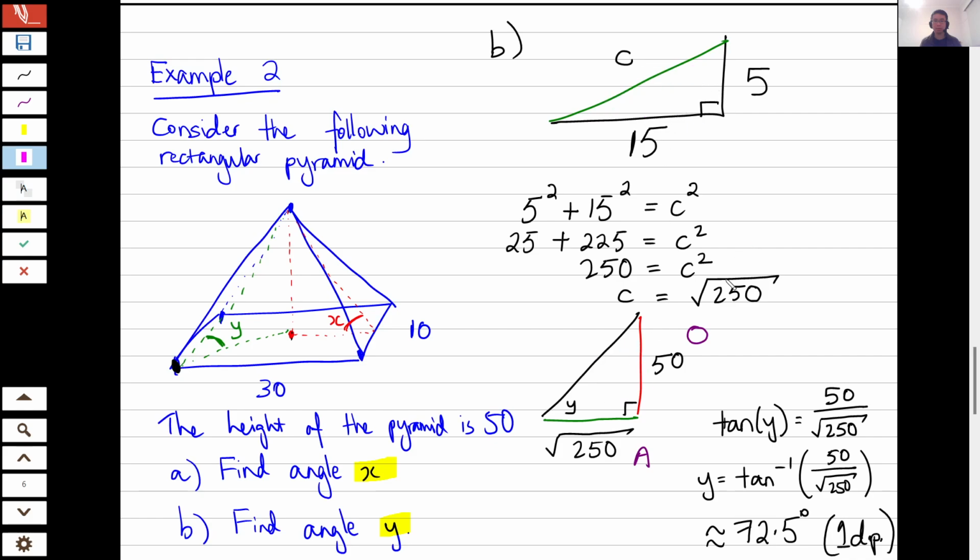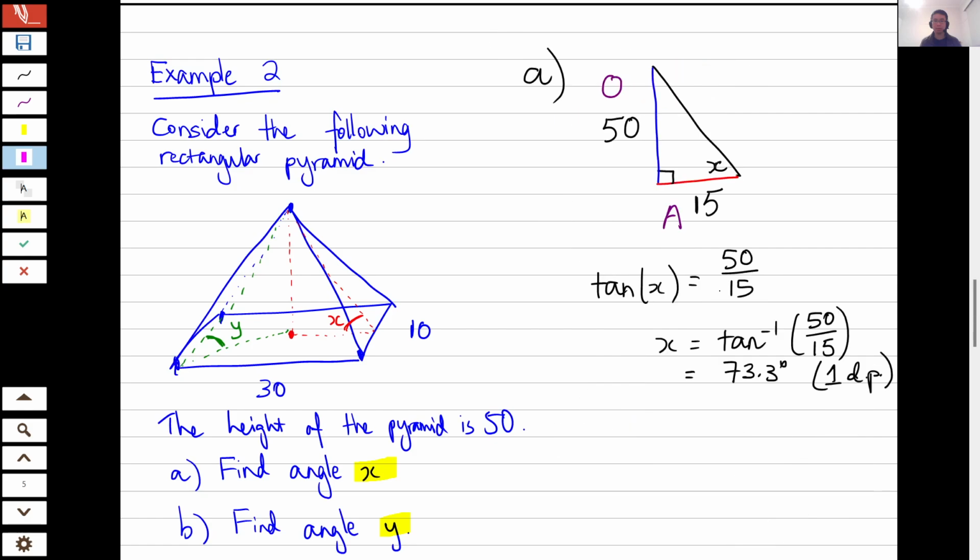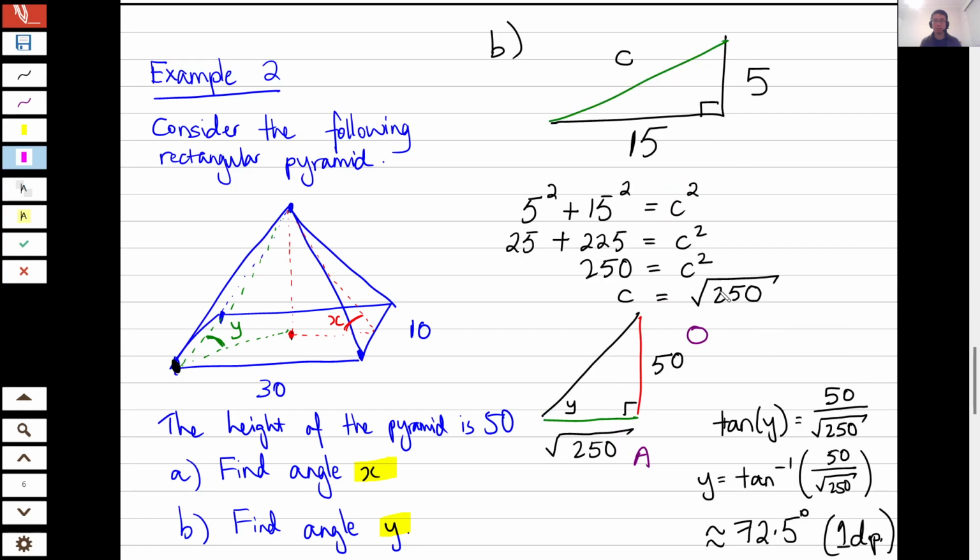If you don't draw them, it's going to be really hard. So my suggestion to those of you who are doing this for the first time is, wherever possible, see if you can find a right-angled triangle. Because once you've got a right-angled triangle, then you know you can deploy your tools of Pythagoras and trigonometry. Always draw a picture if you can. It's going to make your life much easier.